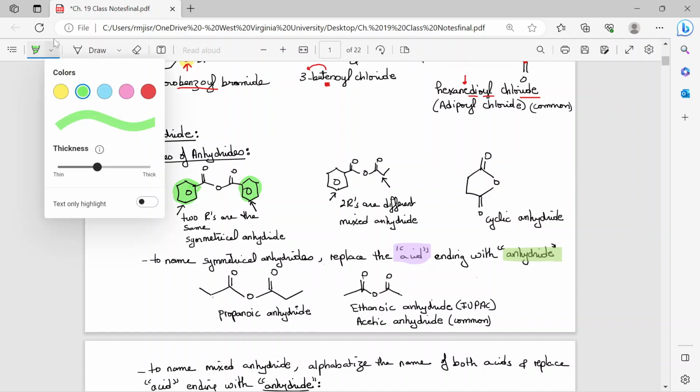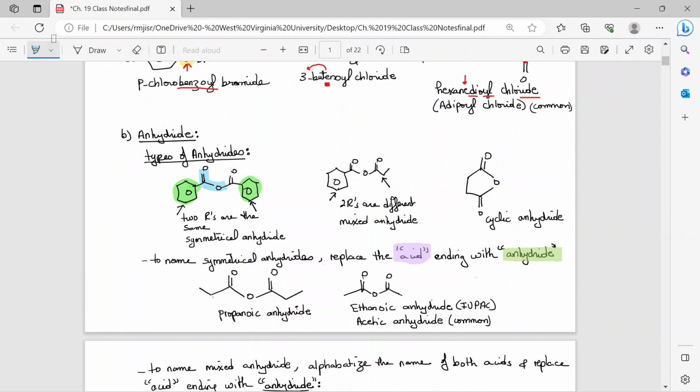We know that the anhydride part is the carbonyl, the oxygen, and the carbonyl. This is the anhydride part in there. So this is going to be fixed. It's not going to be changed. What's going to be changed are the R groups around the anhydride. So if the R groups are different, then this is called a mixed anhydride.